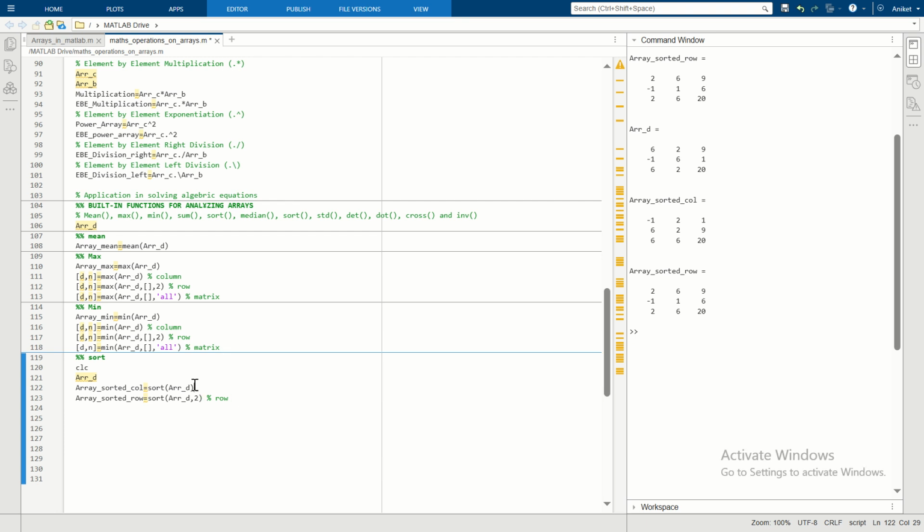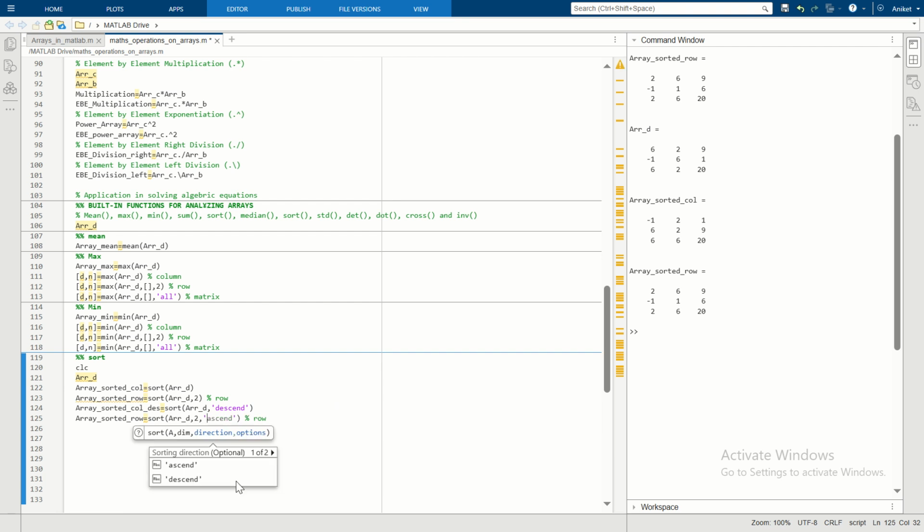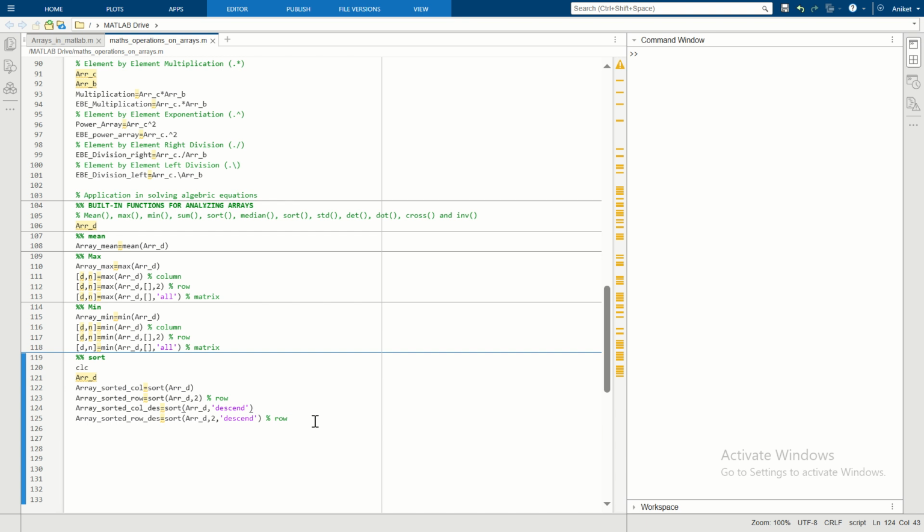Now if you want descending order, again descending order, descend, yes, I want to use this. And can I use it here as well? Yes, I can use it. Yeah. So this is descending. Give it once again.